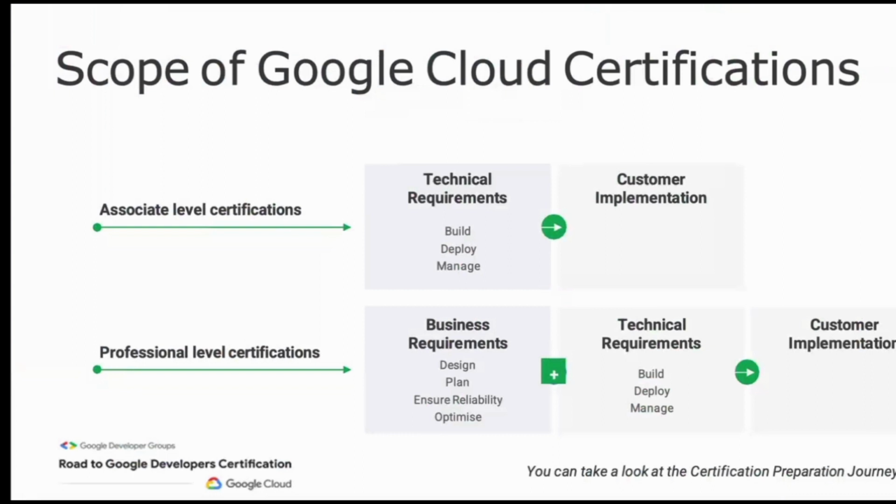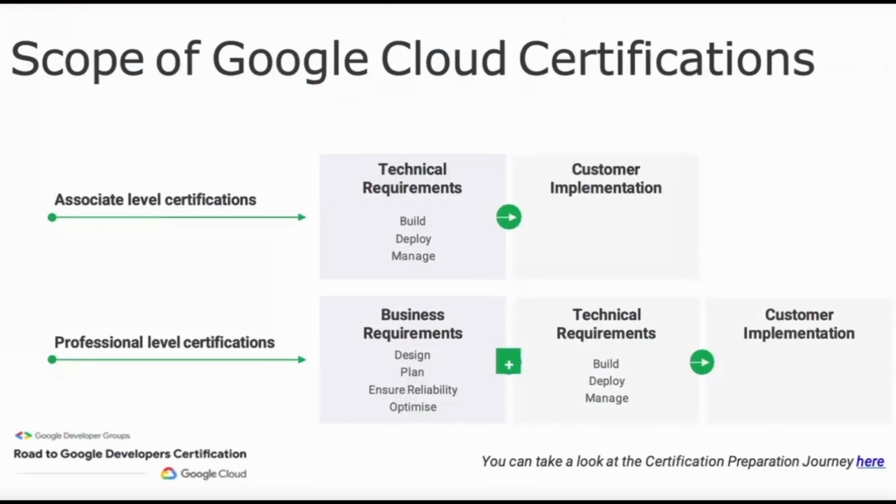The second path is the professional level certificate, which helps the business with business requirements and designing, planning, ensuring reliability, optimizing, and in the technical requirement, building, deploying, and managing the whole thing. Also, customer implementation.